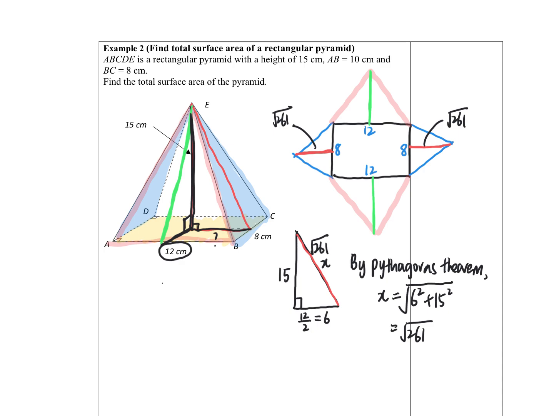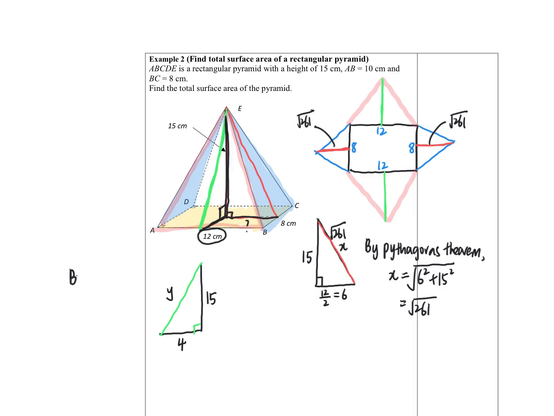So if I were to draw that right angle triangle out with the green line, I know the height has no change. The height is 15. What is this base here? This was 8, right? So this is 4. So I'm going to write this as 4. So I can go and find my y here.